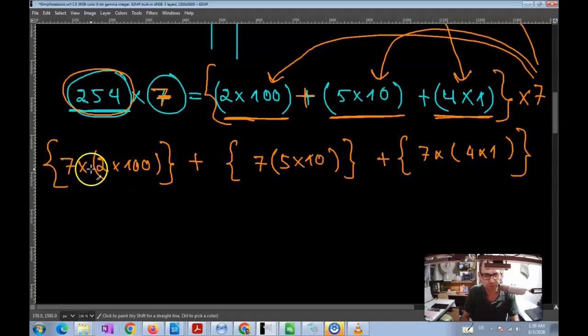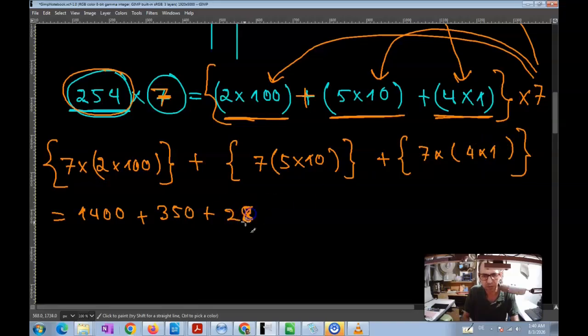Now, what is 7 times 2 times 100? That's 14 times 100, which is equal to 1400. What is 7 times 5 times 10? That's 35 times 10, which is 350. And what is 7 times 4 times 1? That's 28, right?